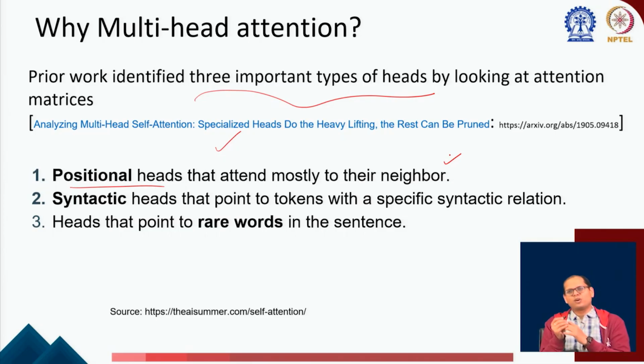Given a word, syntactically it may connect to a very far apart word. It may not be a neighboring word as per the sequence. So you may have some syntactic heads that will point to a token with a specific dependency relation, a specific syntactic relation. And then there are heads that point to rare words in the sequence that may be very important for attending to that word. So at least these 3 types of heads, but you may have other kinds of phenomena that are captured by multi-head attention.